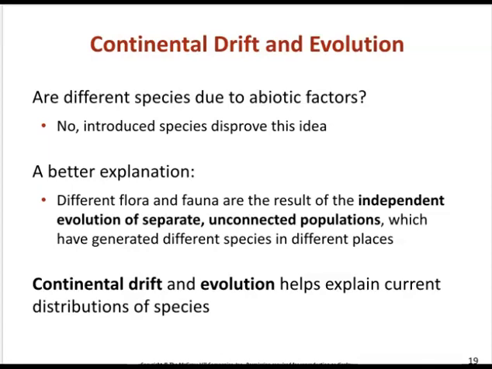So they generate totally different species in different places, even with the same climates. And the reason we see a lot of this is because of continental drift. And then, of course, the role evolution plays in the distribution of species across the entire Earth.